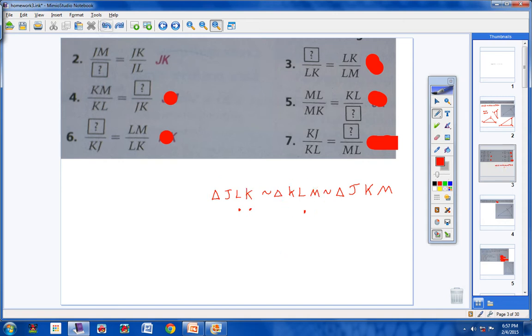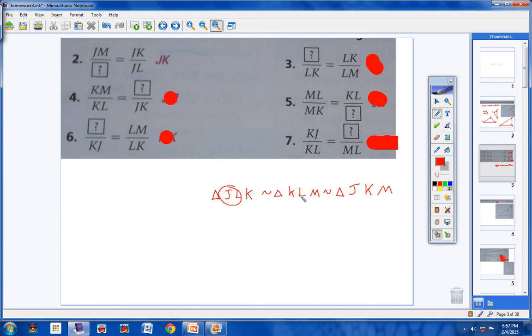Watch carefully. LK over LM equals blank over LK. Well, here's LK. So the first two letters. So it must be JL. It must be JL. Let's go over it again. Watch. LK over... Did I mess up, guys?